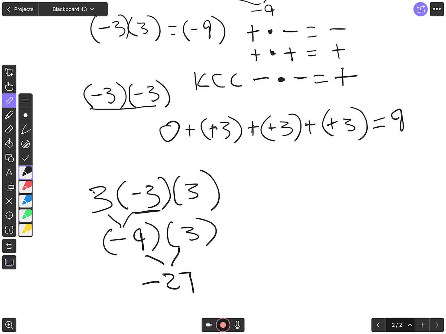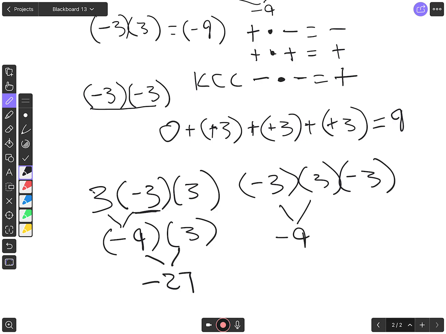Okay, if there's an odd number of negatives, you're going to end up with a negative number. If there's an even number of negatives, for instance, -3 times 3 times -3. Okay, let's just do this. -3 times 3 is -9, right? Because we know we're basically adding -3 3 times. Okay, but now we're left with -9 times -3. Okay, because I brought this down here, see?